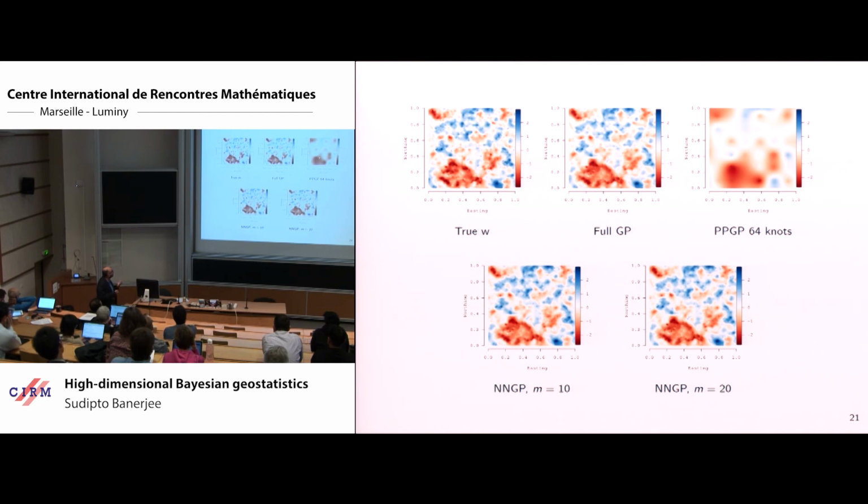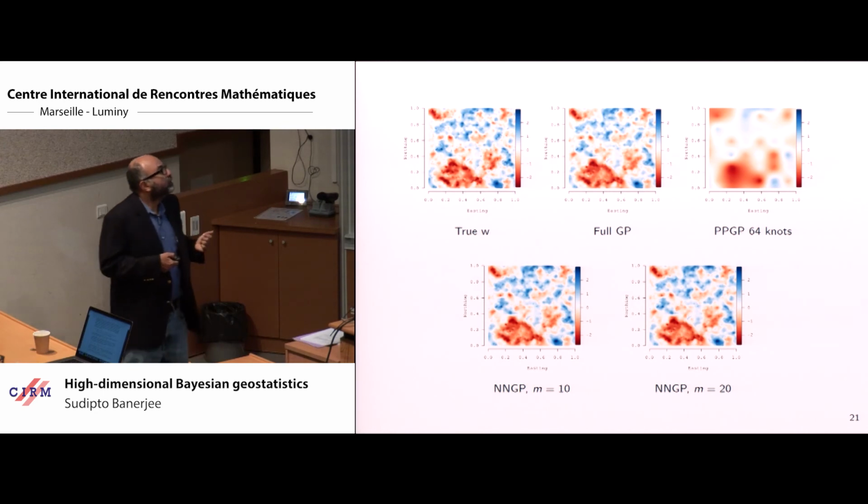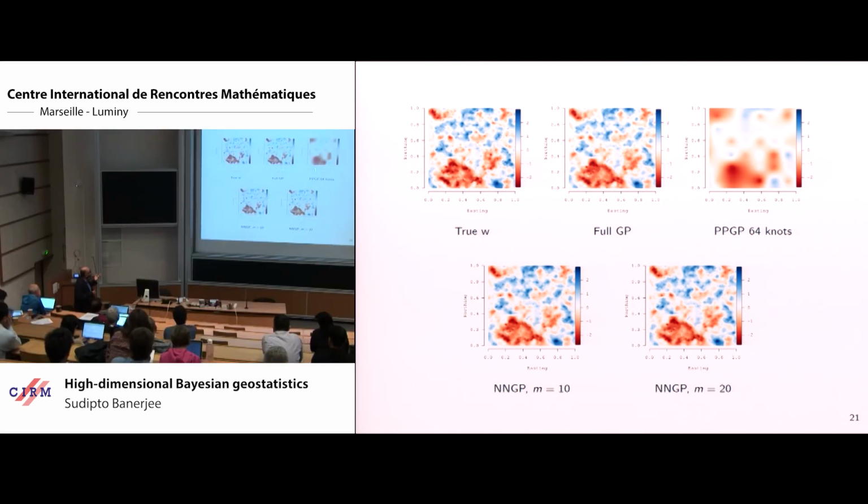As I said, there could be some improvements, but perhaps one needs to think carefully about scalability, especially into the millions. And the NNGP, even when you're doing millions, with 10 and 20, usually gives exceptionally robust inference. Now, for example, in a 2,500 location situation, with only 10 neighbors or 20 neighbors, I was able to get back literally this field.